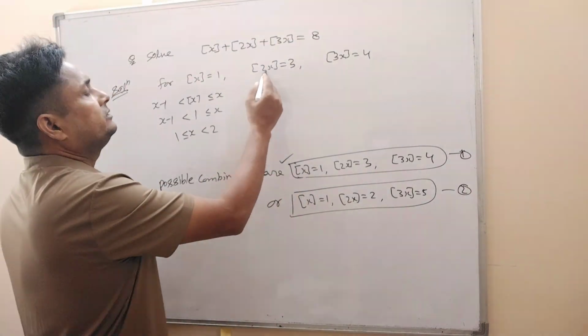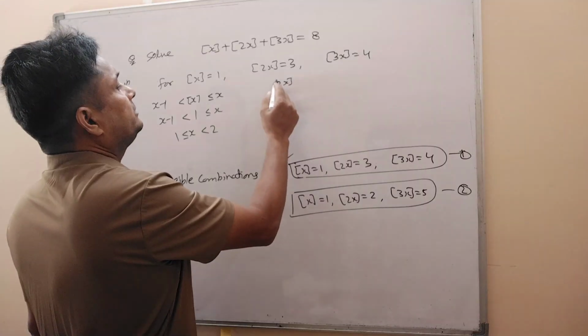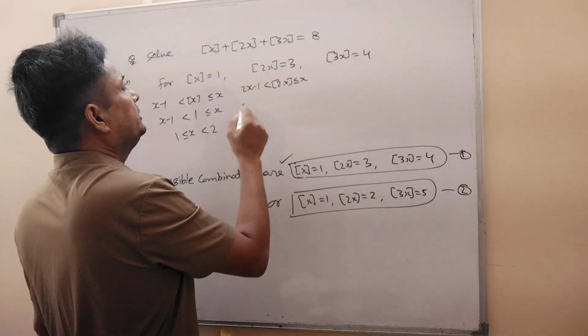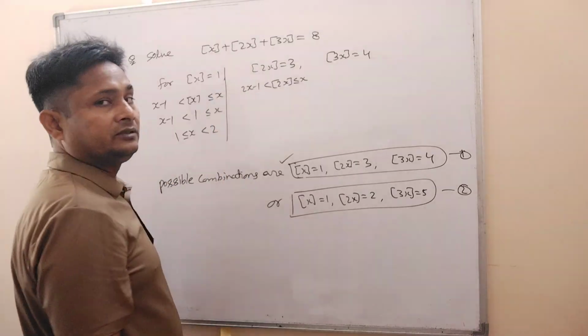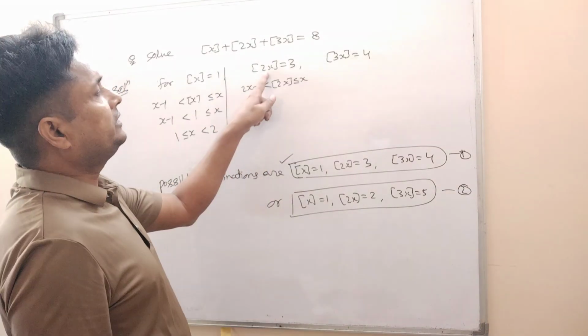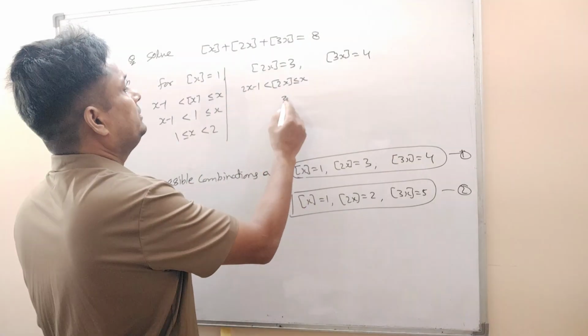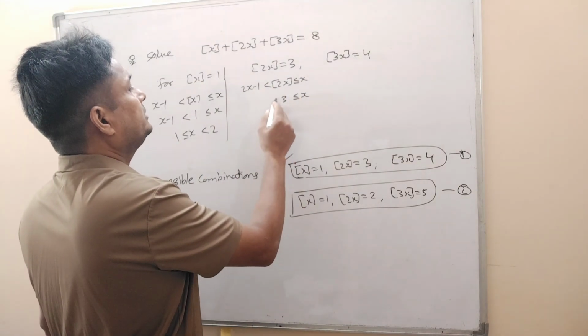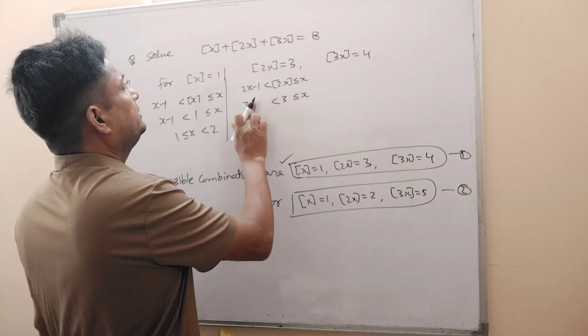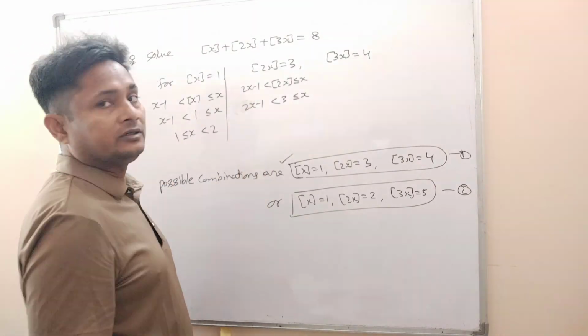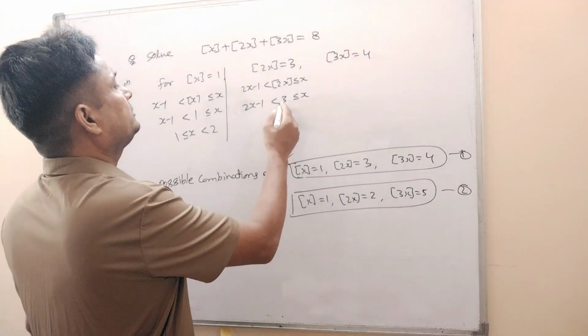Now solve this one. Greatest integer of 2x is less than or equal to 2x and greater than 2x minus 1. Now substitute the value of greatest integer of 2x equal to 3 here, then 3 is less than or equal to 2x and greater than 2x minus 1.